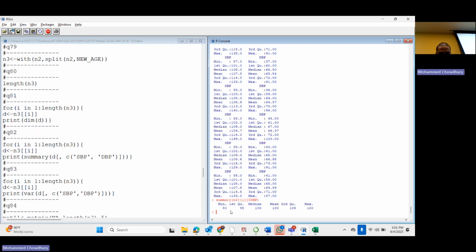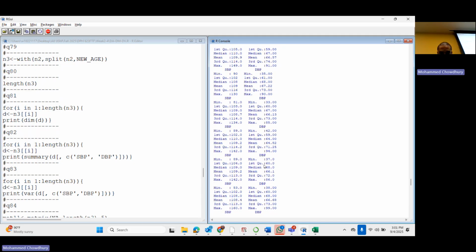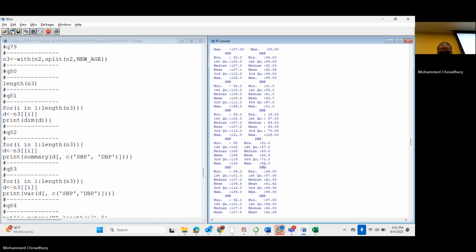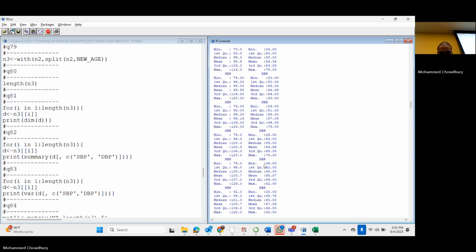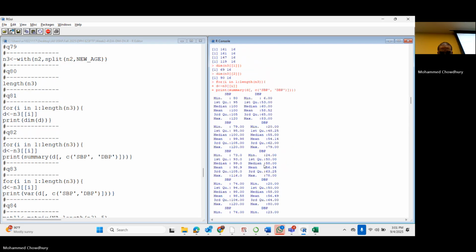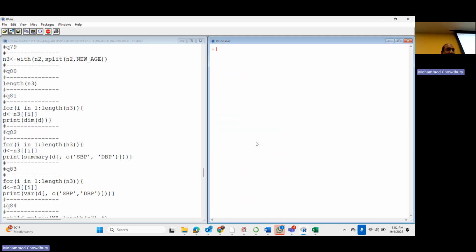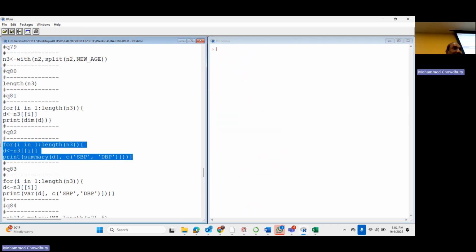Are you seeing 80, 95, 100, 100, 105, 120, right? Come here. 80, 95, 100, 100, 105, 120. Okay, looping is very good, right? See, just this line of code, you are getting a lot of things, right?